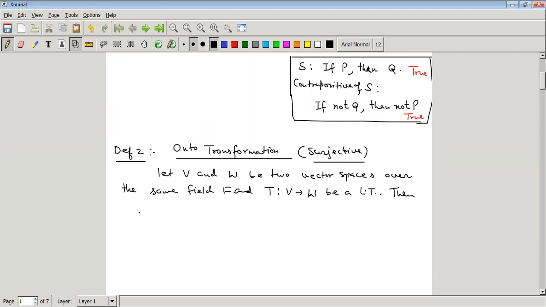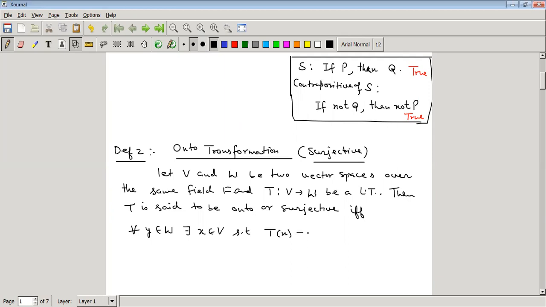Then T is said to be onto or surjective if and only if for all y in W, there exists x in V such that T of x is equal to y.